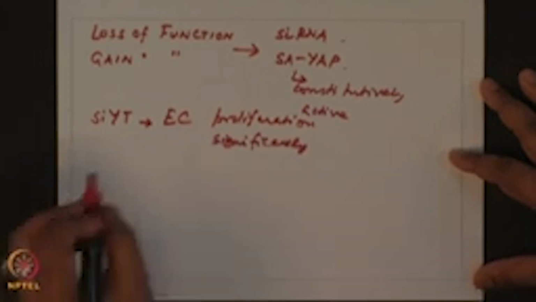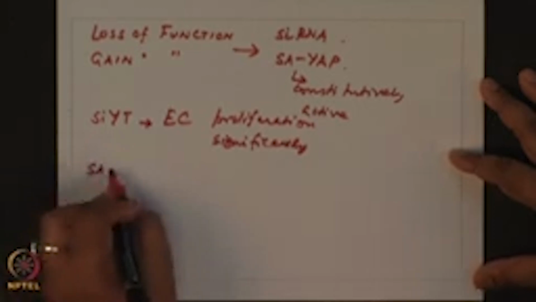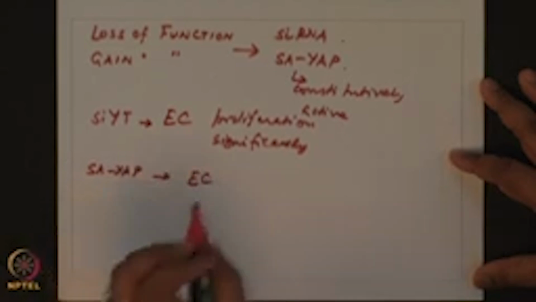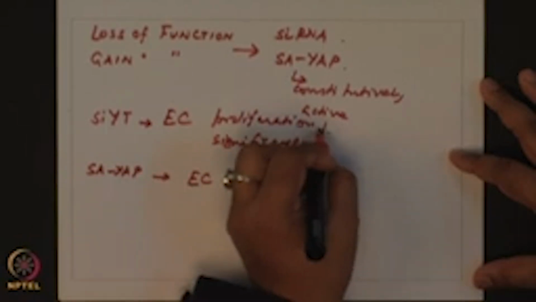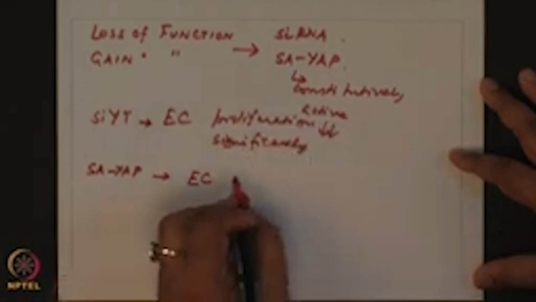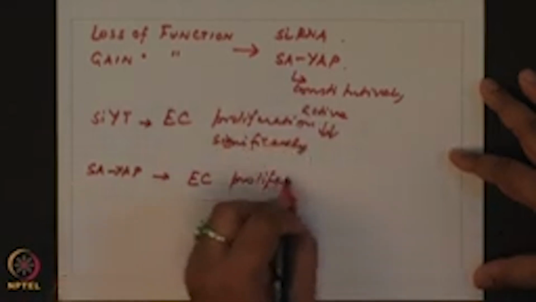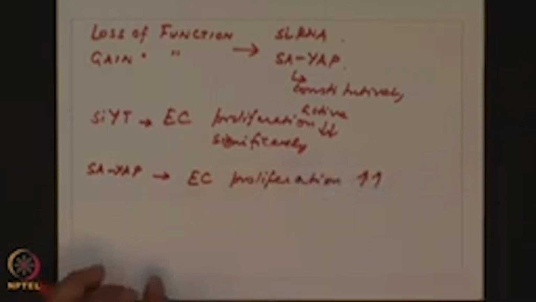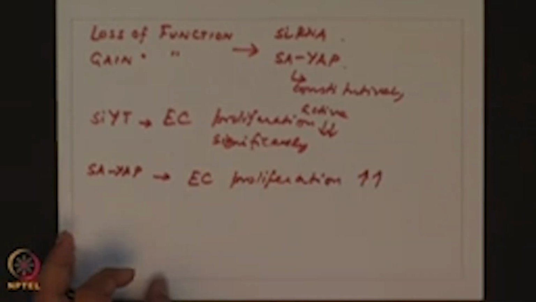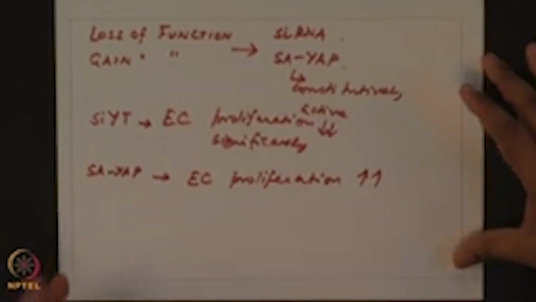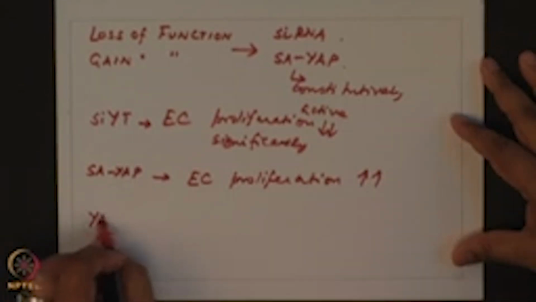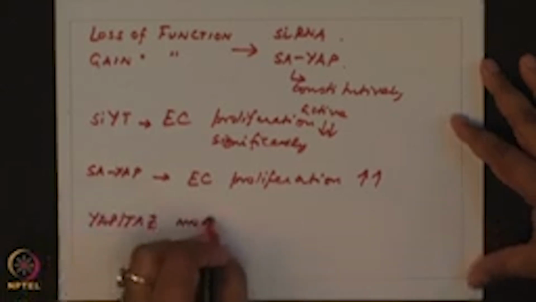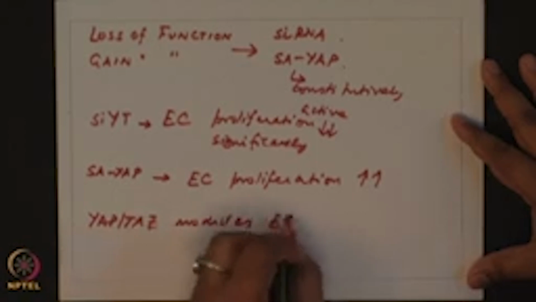And when they activated YAP, EC proliferation increased significantly. So, this suggests that YAP-TAZ signaling modulates EC proliferation.